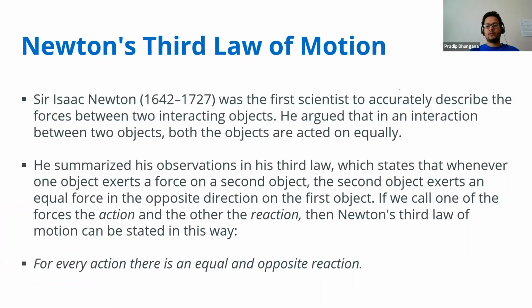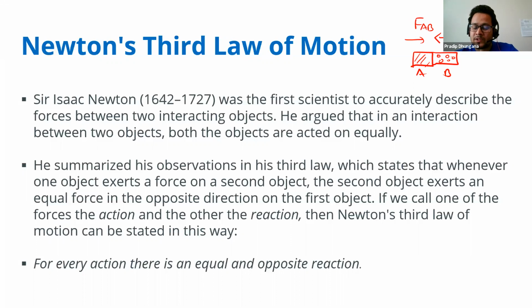Let me clarify that. Let me make one diagram here. Let us suppose object A is exerting a certain force on object B. This is object A and this is object B. Object A is exerting a certain force F_AB on object B, and object B will exert a force back on object A in the opposite direction.